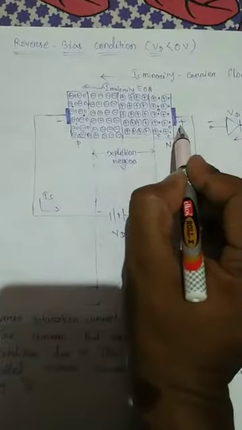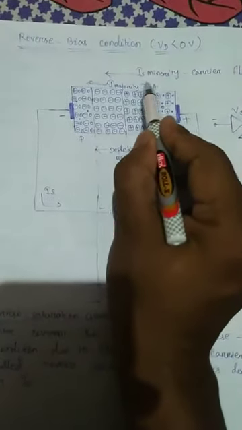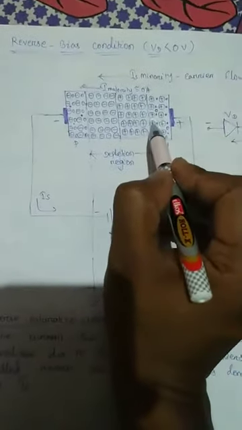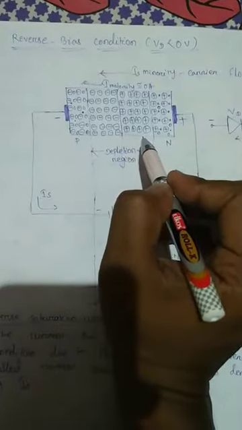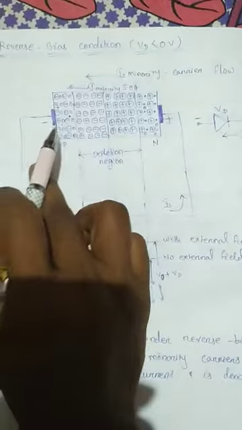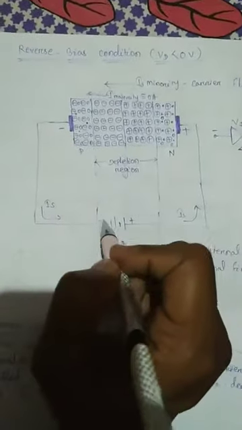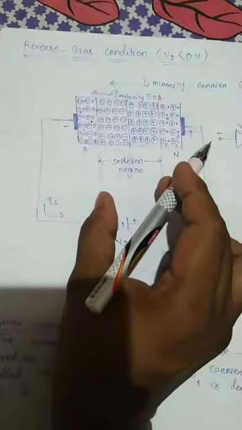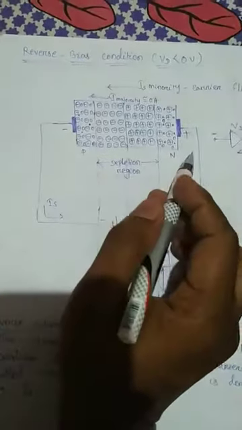Similarly, this positive potential will attract the electrons towards this side. So the positively charged uncovered donor ions increase on the N side. As a result, the depletion region width increases with the application of the reverse bias potential. As you see, the width of the depletion region increases.